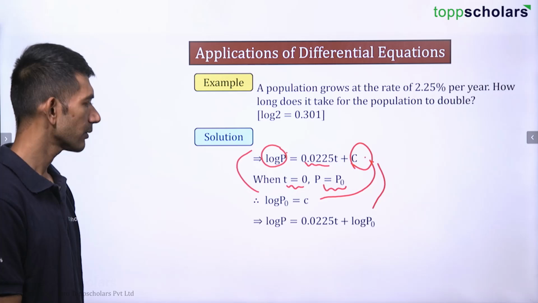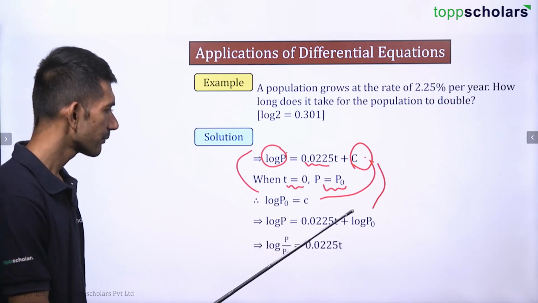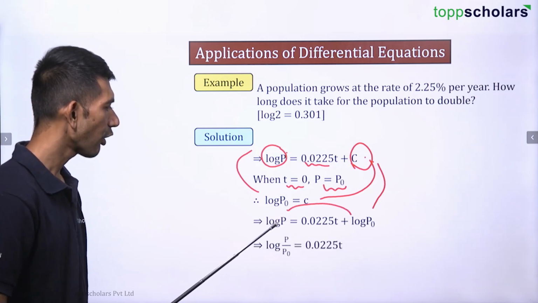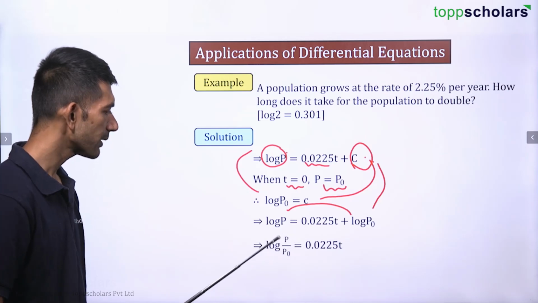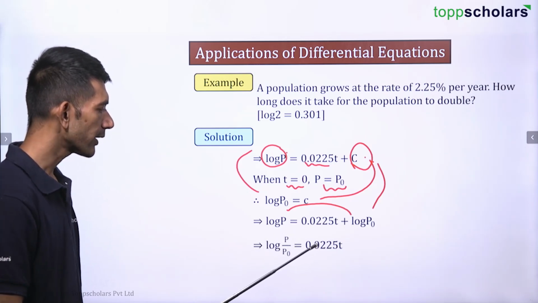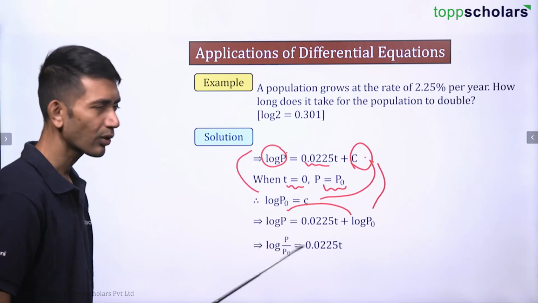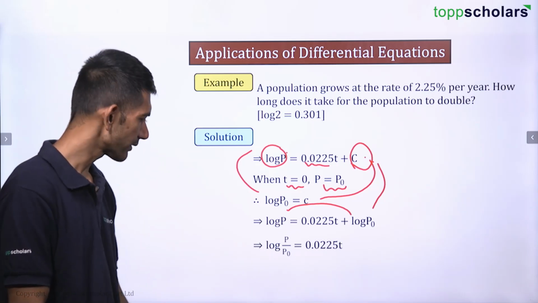Now if I shift p naught to the other side, log of p minus log of p naught is log of p by p naught is equal to 0.0225 t. P naught, or p0, is the initial population, you can say.